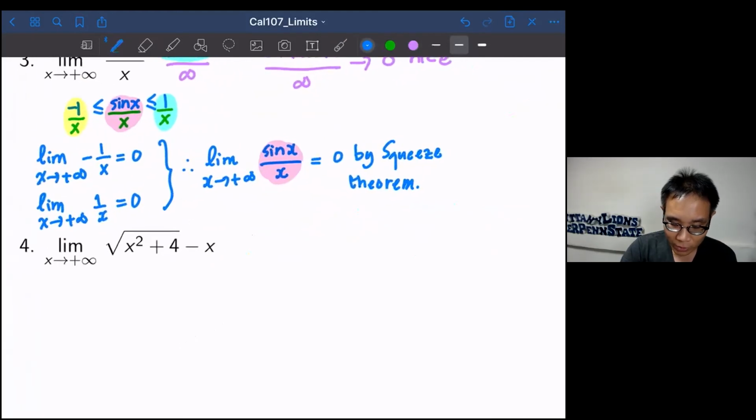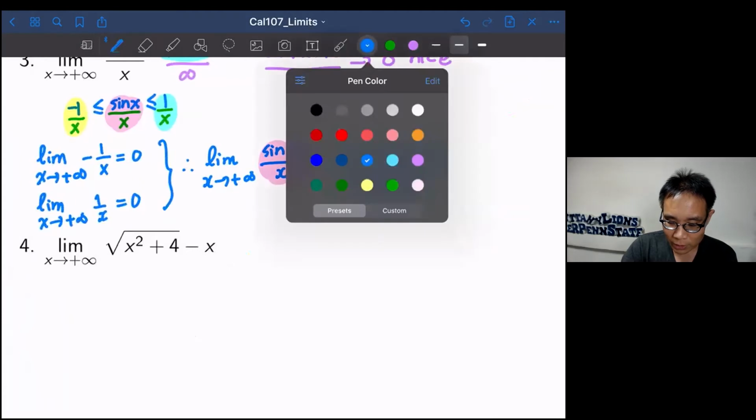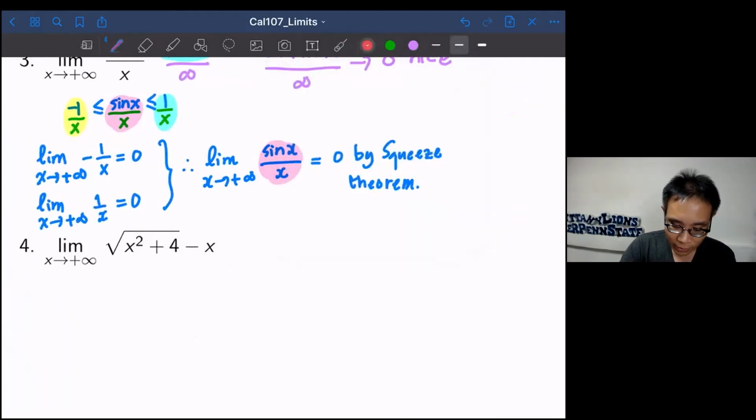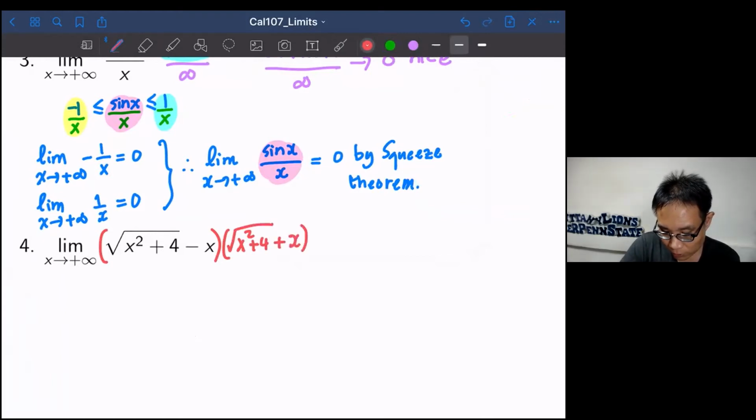The thing that we multiply is the thing used to simplify the term before, the thing that lets us get rid of the square root. So you have square root of x squared plus 4, plus x on top, and the square root of x squared plus 4, plus x on the bottom.